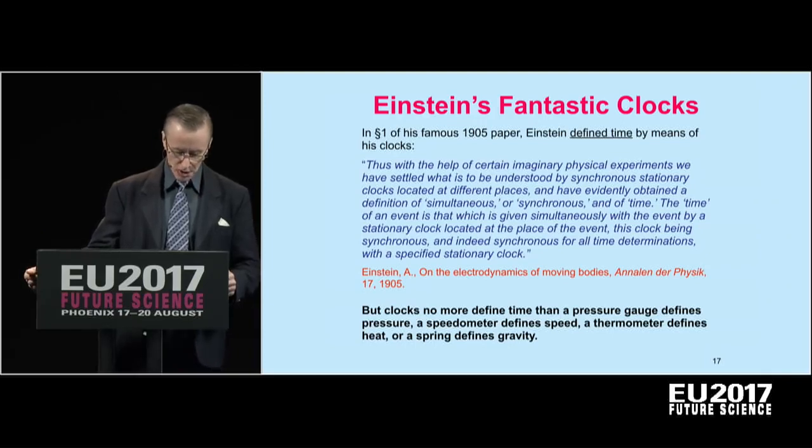Clocks no more define time than a pressure gauge defines pressure, a speedometer defines speed, a thermometer defines heat, or a spring defines gravity. Because if time is defined by a clock, well, all those other things must be defined by the measuring instruments. But measuring instruments are invented to do what? To measure something other than themselves.